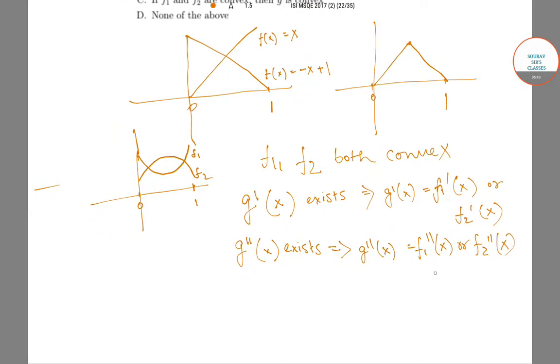So now we know that both these are greater than 0 if our functions are convex. Therefore, g double prime x is also greater than 0. Hence, the maximum of f1 and f2 as a function is also convex if f1 and f2 are both convex. Hence, C is the correct answer.